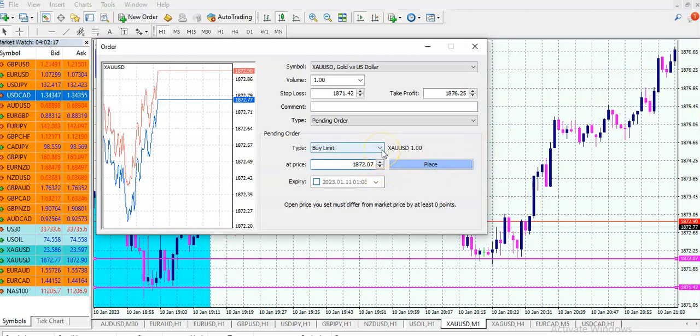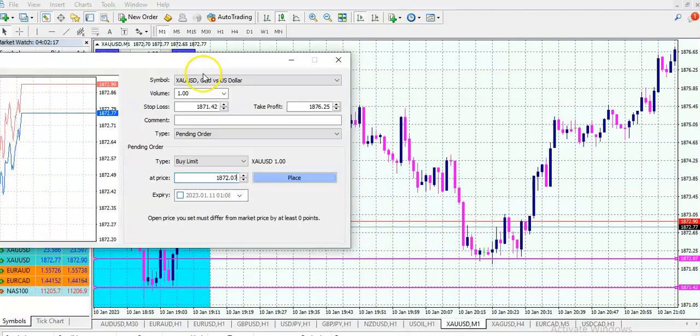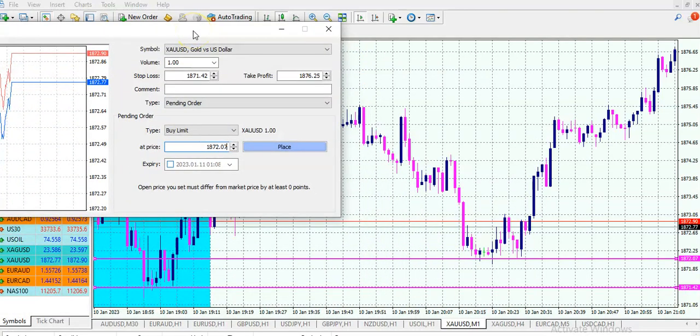Now in this particular case, when you are using a limit order, in the case of a buy limit, you are expecting price to pull back to a particular point before it begins to move up again.